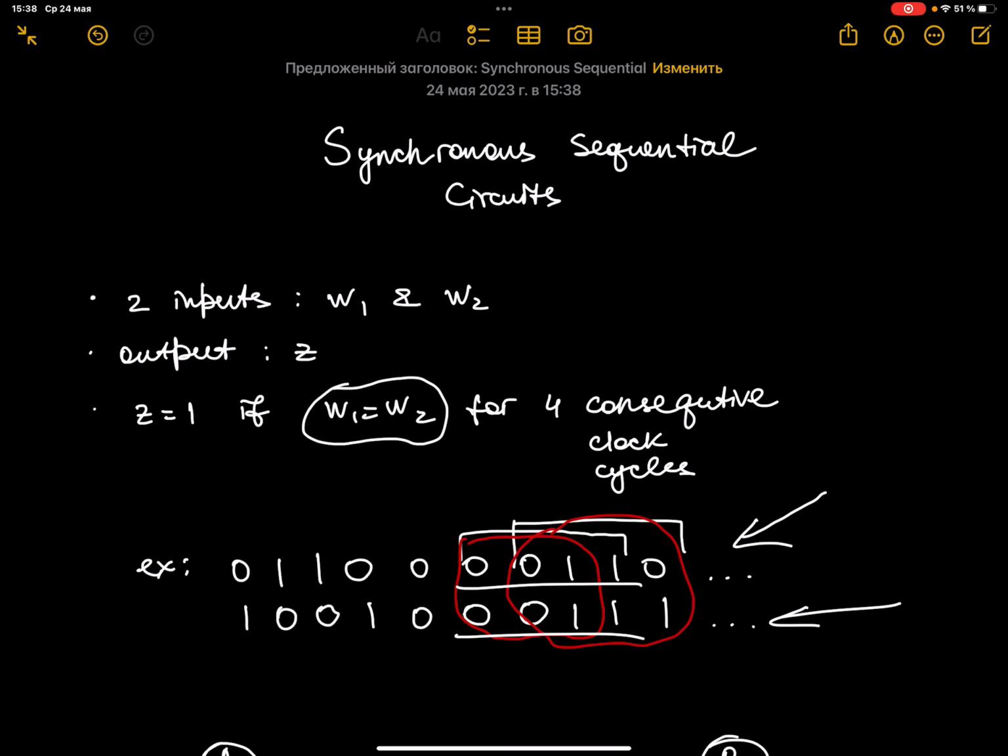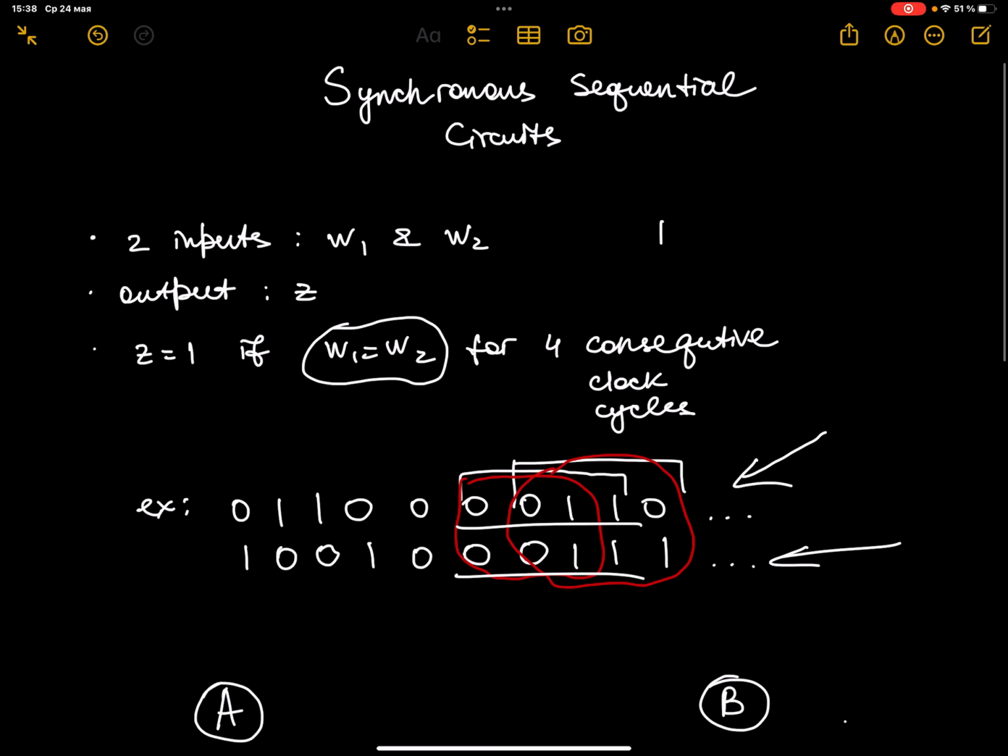But before drawing this, we have to create one additional input, or let's say a variable. Let it be k. We need this k, and this k will be equal to W1 XOR W2.